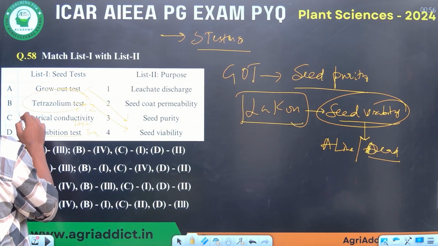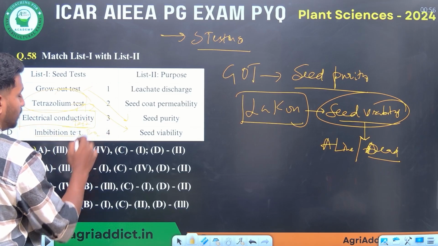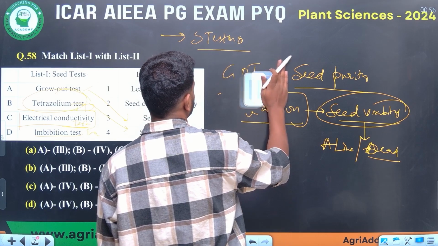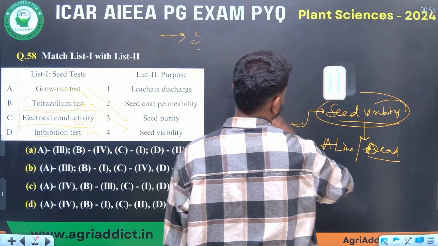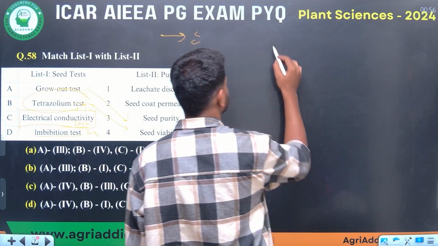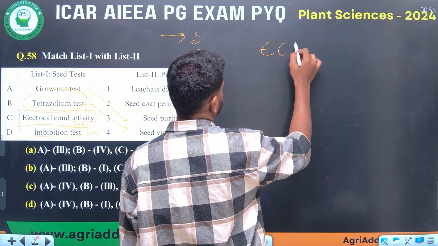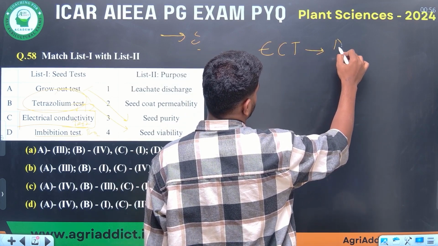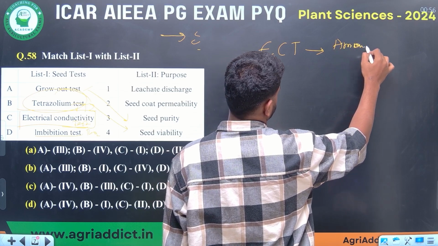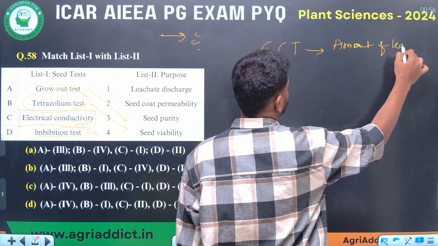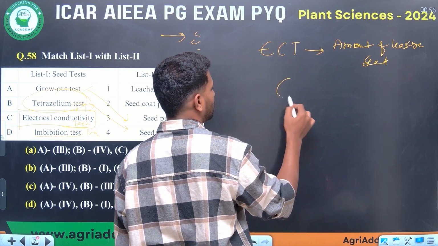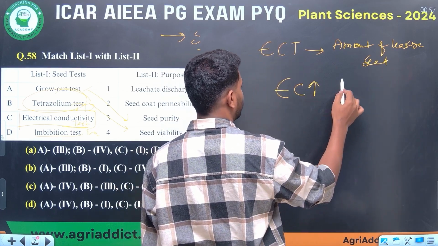The next one, the electrical conductivity test. If you recall, what does it test? How is this test conducted? In the electrical conductivity test, we see the amount of leakage of solutes from the seeds, right? If the EC value is high, then what does it mean?